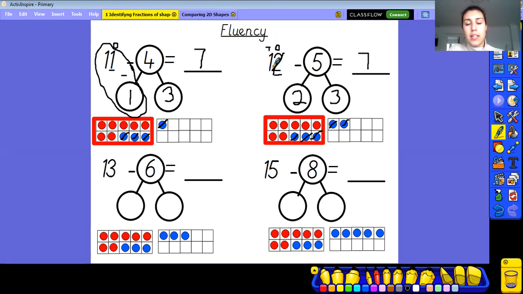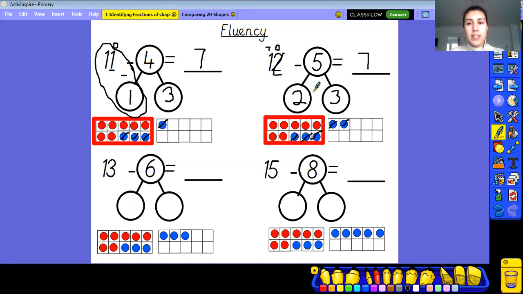So what we did there is we started with 12, we took away those 2 ones to leave us with just the 10, and then we took away 3 more to make sure that we took away our whole 5, and that left us with 7. Why don't you pause the video and have a go at working out the other 2 by yourself.